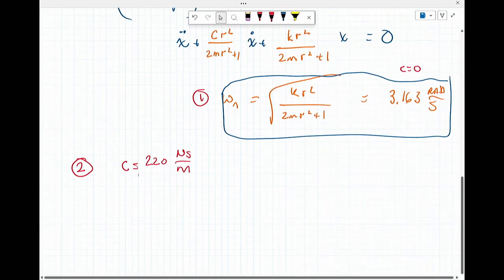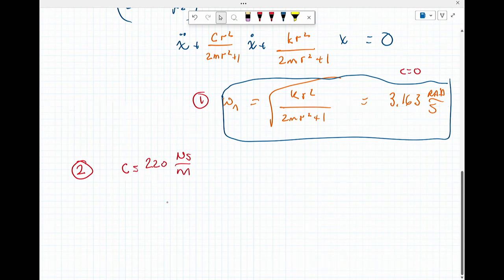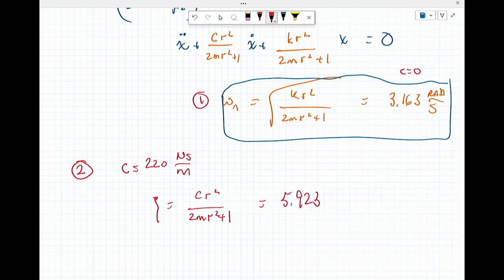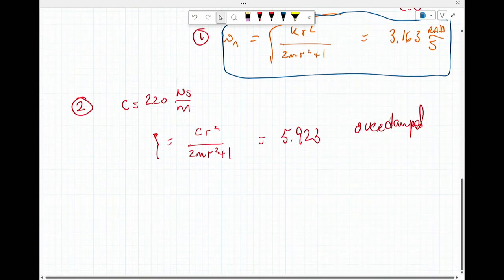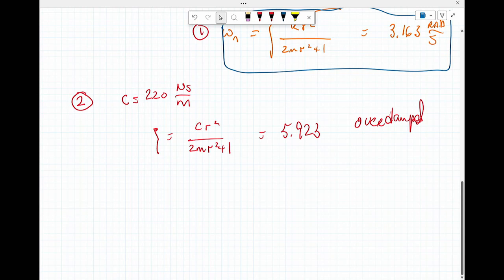We have zeta, which is equal to CR squared over (2m r squared plus 1), which equals 5.923. And this is very overdamped. Oh, wait. Sorry, that's not correct. I did part A and part B in the wrong problem. Sorry.